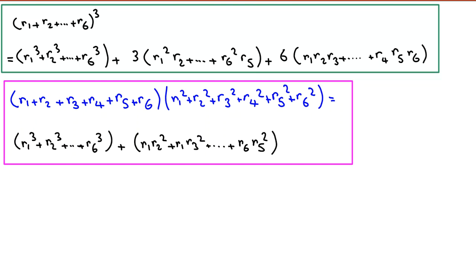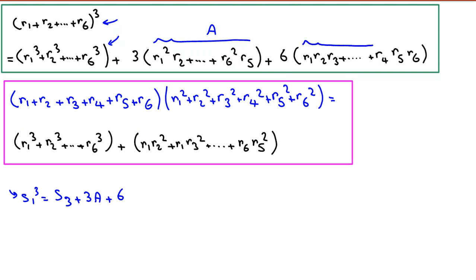R1 plus to R6 cubed. It is S1, we said. S1 cubed equal to R cubed to, so this one is S1 cubed, I've written here. This one is what? Is S3 plus. I call this part A, so it will be plus 3A plus 6 times this.